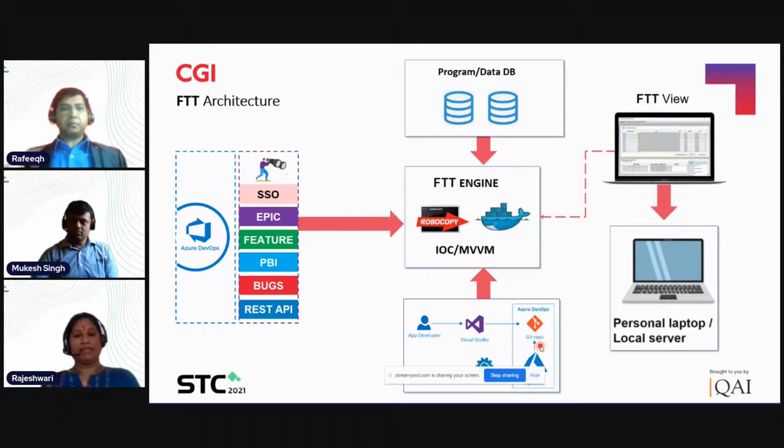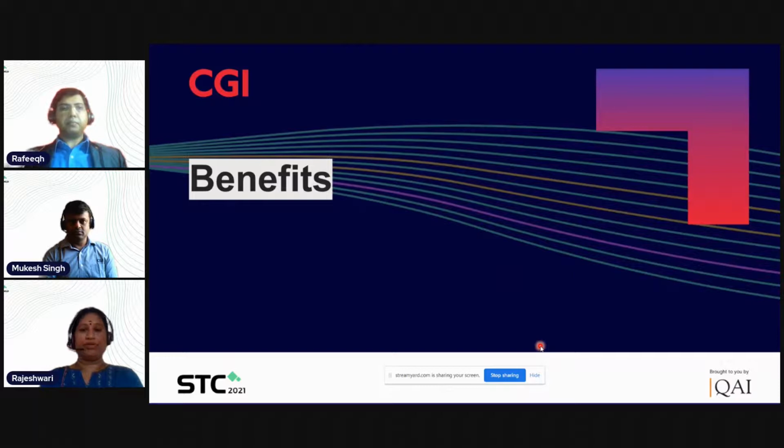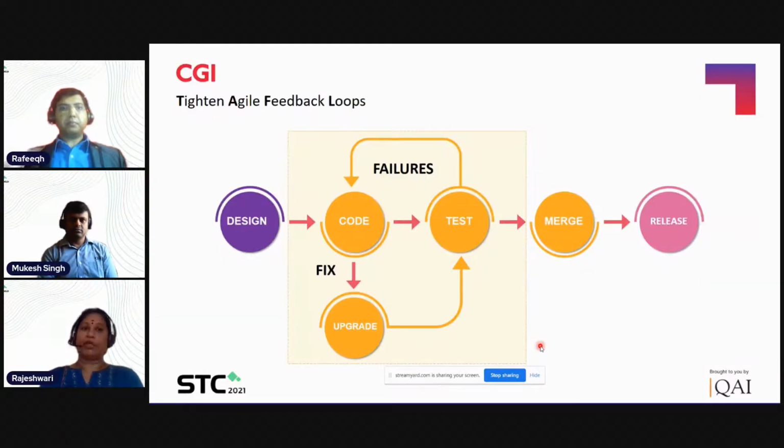That way, we can say that the quality of the product, whatever is getting deployed or released in any of the release pipelines, is greatly improved when we introduce this feature testing tool into our software development cycle. So coming to the benefits, as I told you, we are already using this product for quite a long period of time, 4 to 5 years.